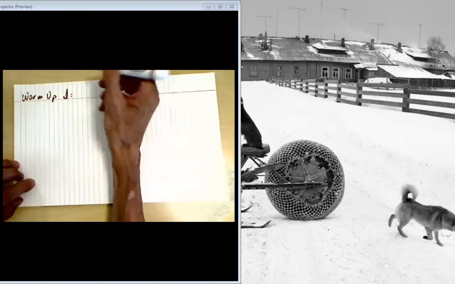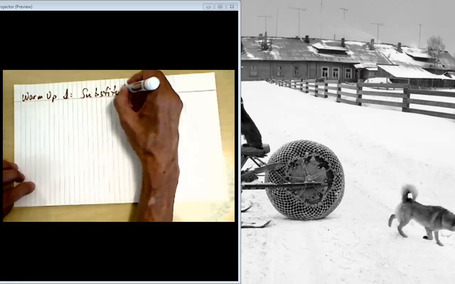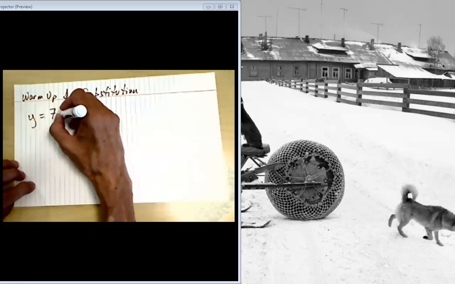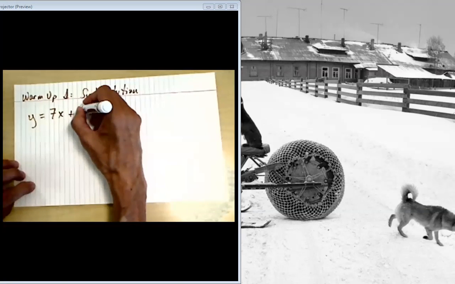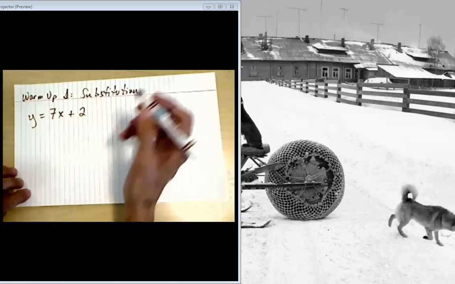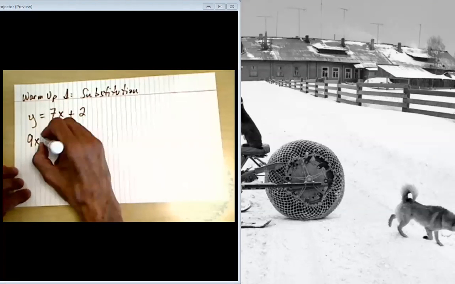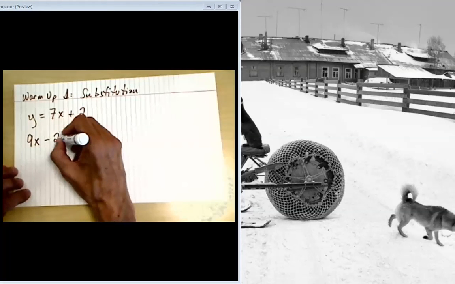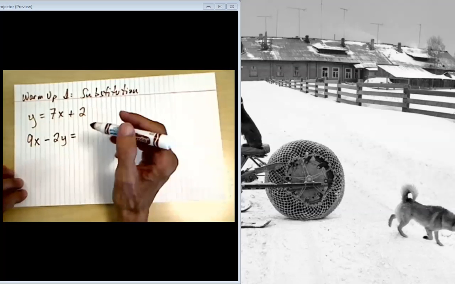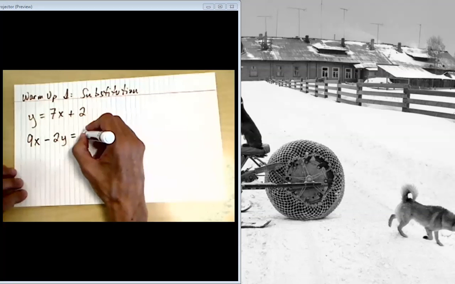Warm-up number 1. Solve this with substitution. We'll say y is equal to 7x plus 2, and so we'll then say 9x minus 2y is equal to minus 9.